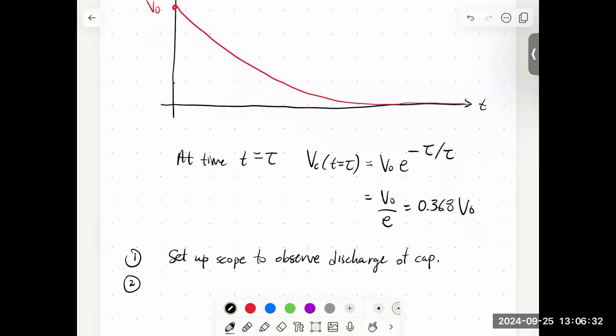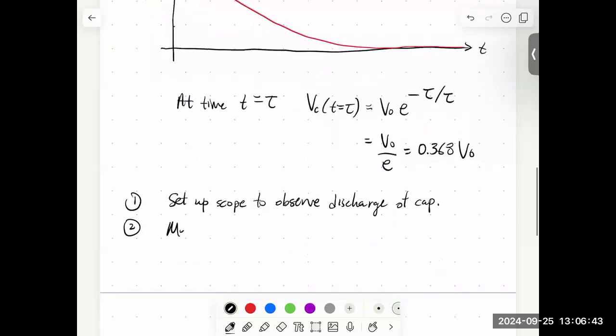And then step 2 will be to use the cursors to measure the value of this maximum voltage of the capacitor. So we're going to measure V naught, the max voltage across the capacitor after it's been fully charged.